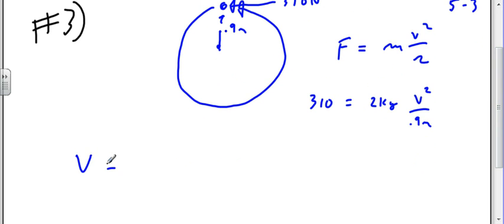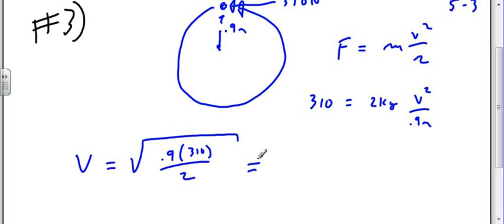So my velocity is going to be the square root of 0.9 times 310 divided by 2. And it's going to be 11.8 meters per second. Meters per second, not squared.